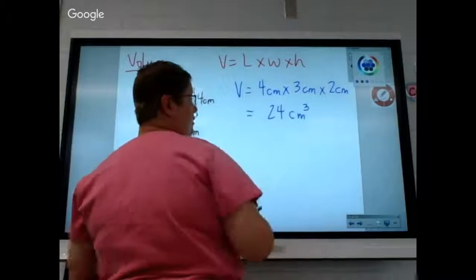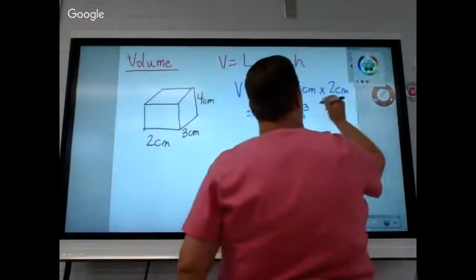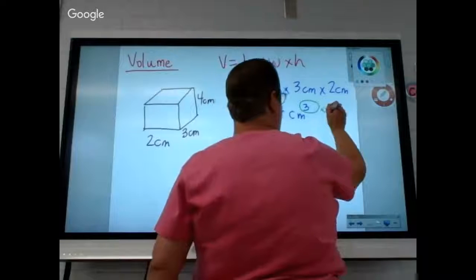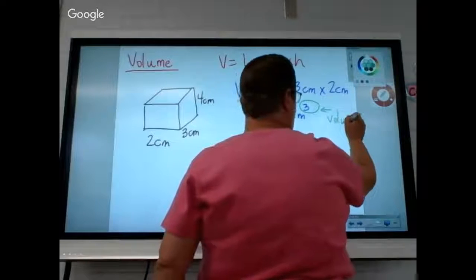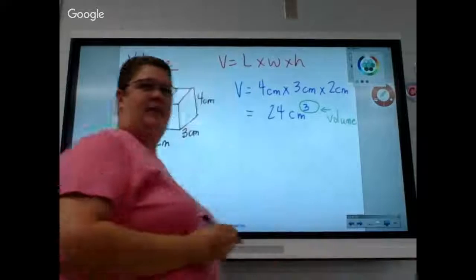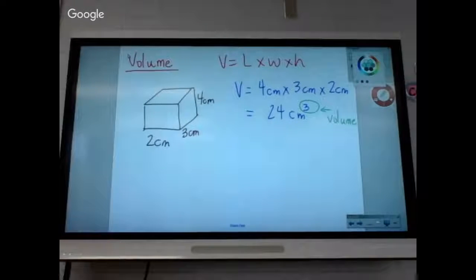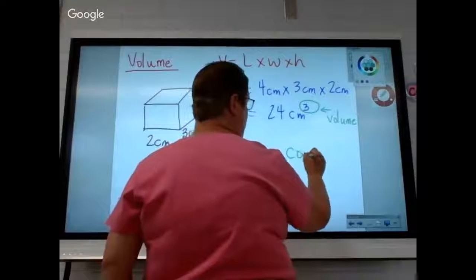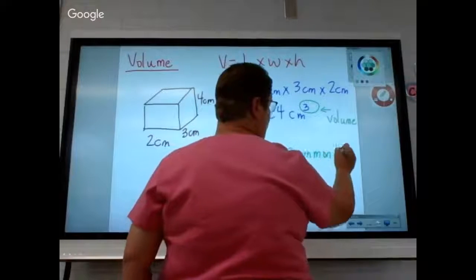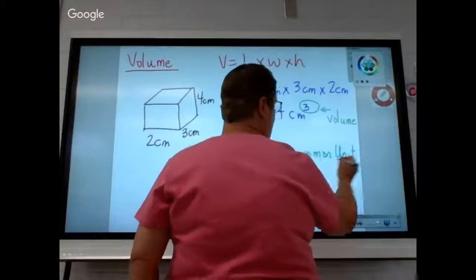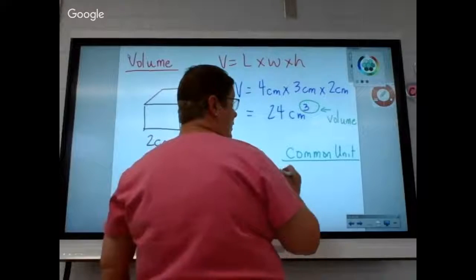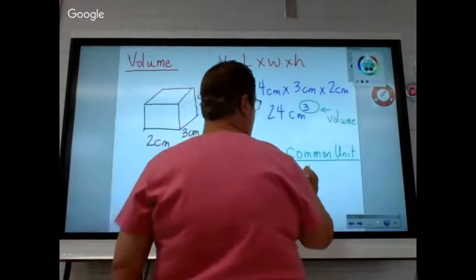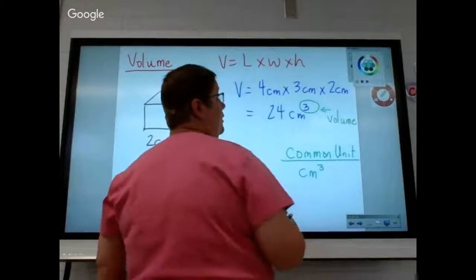So because this has a cubed on it, this tells us this is volume. Anything that had a squared was an area. Anything that has a cubed on it is a volume. So again, just like we just did a second ago, a common unit is centimeters cubed.